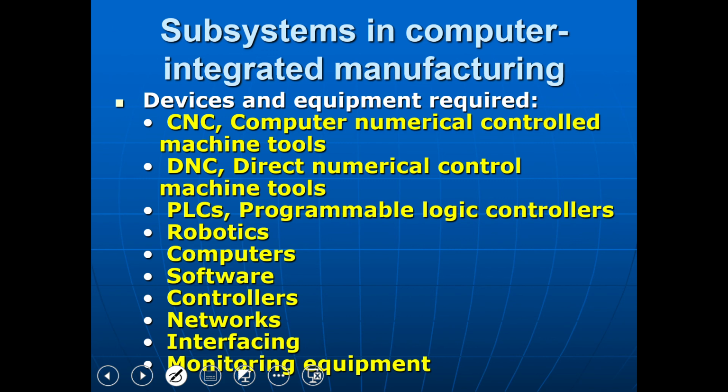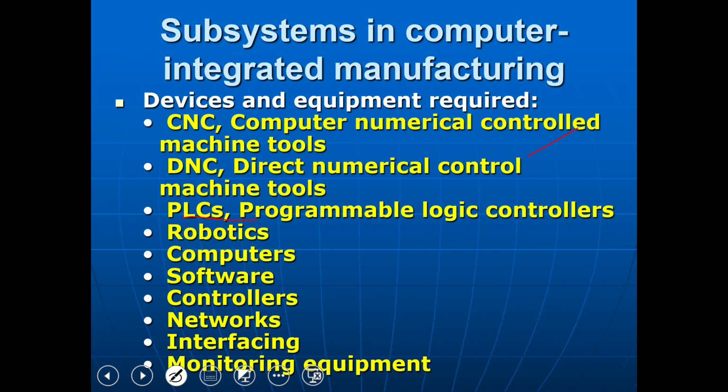Normally in manufacturing, they commonly use CNC, computer numerical control machine tools. Basically they use them to do material removal to perform the machining process, and then they also use direct numerical control to control the machine, and then PLC in the assembly line.